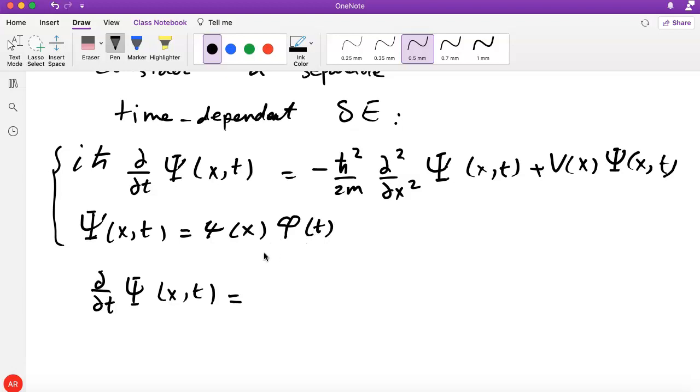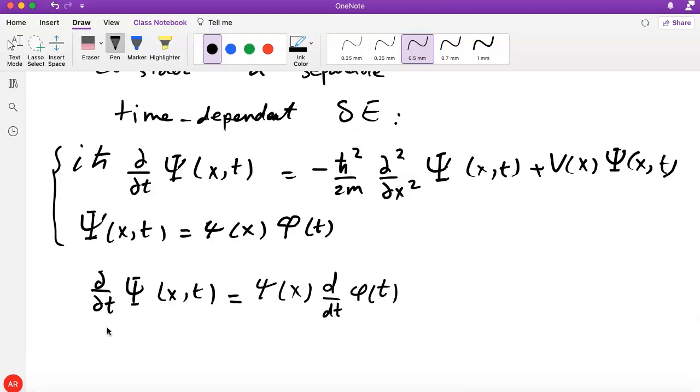So as far as time is concerned, that psi of x is a constant. It doesn't depend on time, so I can factor it out. And then here, now this is just a function of time, so I just take the derivative with respect to time of phi of t.